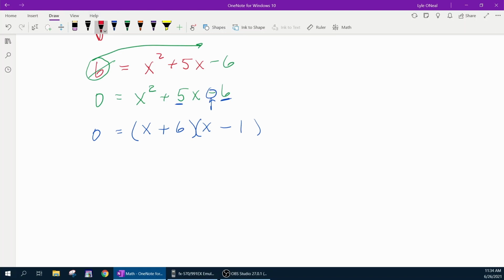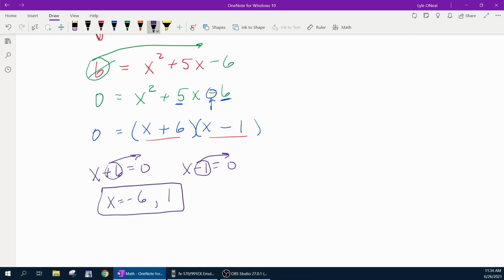And now that that's factored correctly, we can set each factor equal to 0 and solve. Bringing the 6 over gives us x is negative 6. Bringing the negative 1 over gives us x is positive 1. So we do get two solutions.